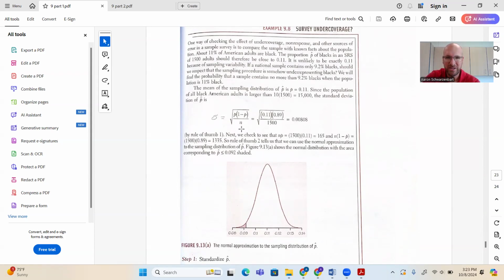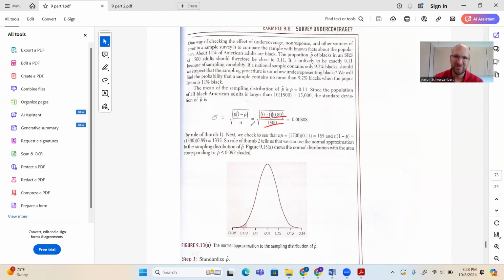So what we can do, we can start by calculating our sigma. We know it's supposed to be 0.11, so we can plug that in for our P. We get 0.00808.